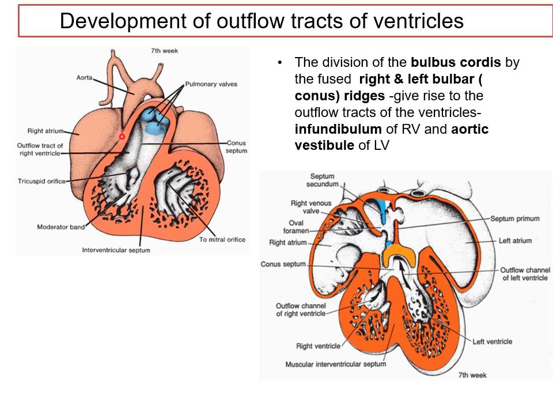It is known as the infundibulum of the right ventricle, correct? And on the left side, when you leave the left ventricle, what is that area called? That outflow tract is called the aortic vestibule. So now you can see the fate of the bulbus cordis, which forms the outflow tracts. How? By being partitioned by the right and left bulbar ridges, forming the infundibulum of the right ventricle and the aortic vestibule of the left ventricle.